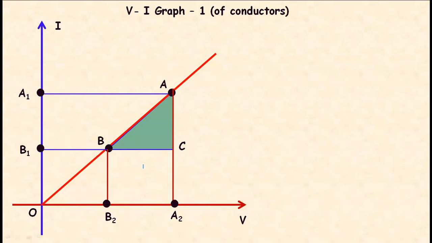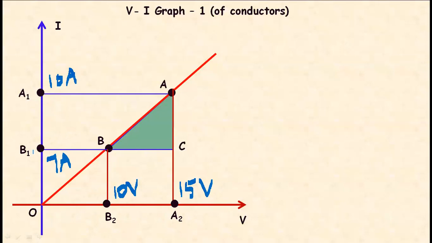Okay, so the values we have assumed are A1 to be 10 ampere and B1 to be 7 ampere, and B2 to be 10 volt and A2 to be 15 volt. I hope I'm correct. Now, next I'm going to find the difference between the two readings A1 and B1, which will give me the change in y coordinate.